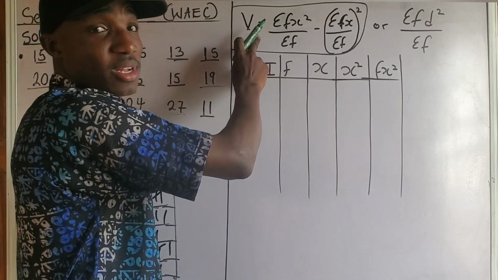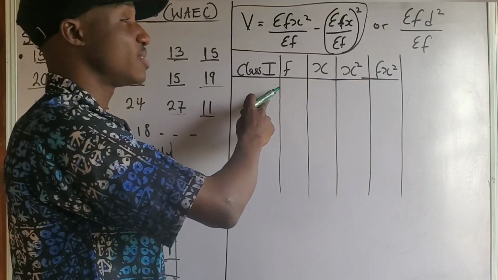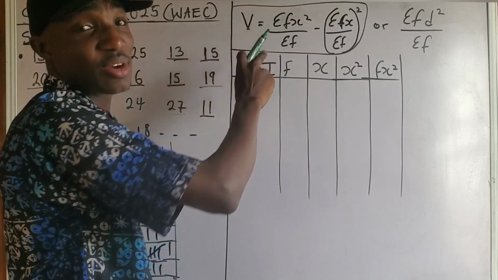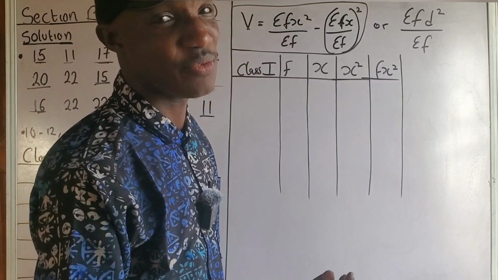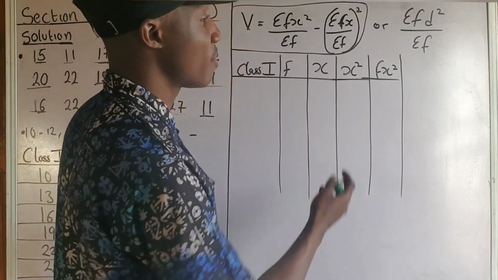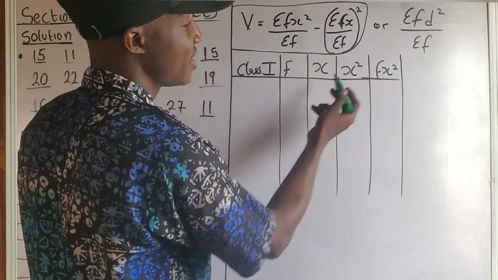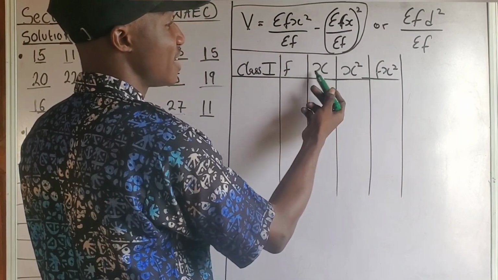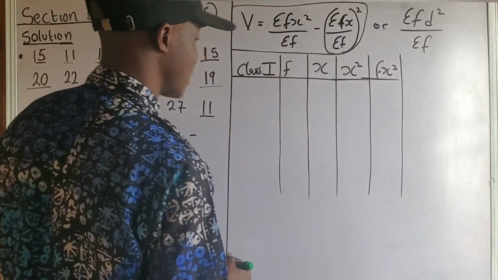The table that I have is determined by the formula that I want to use. If you want to make use of the other formula, you first have to calculate the deviation. So I'm not making use of that formula. I want to make use of this one, and if you look at this formula, I need x squared, I need fx squared, I need x, I need frequency. You understand? So that is it.